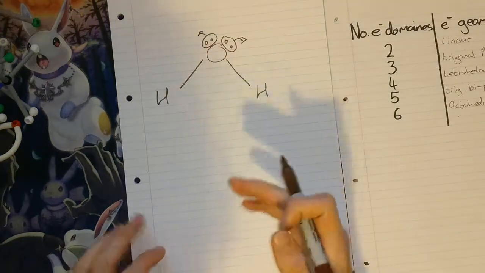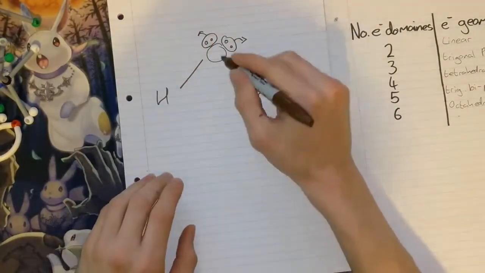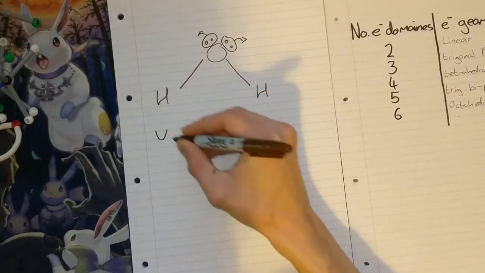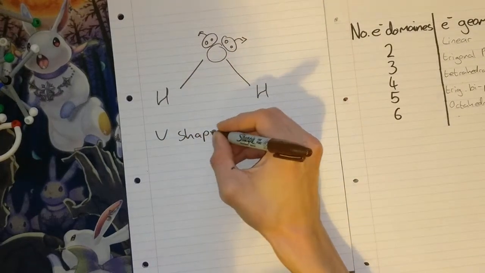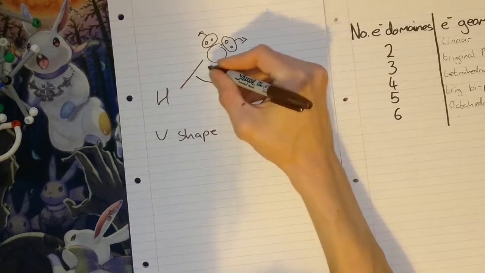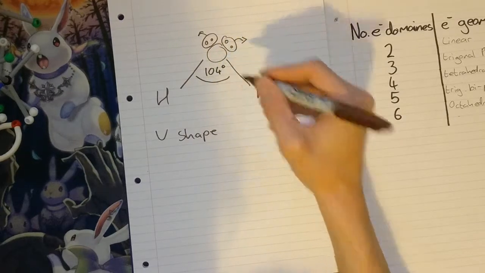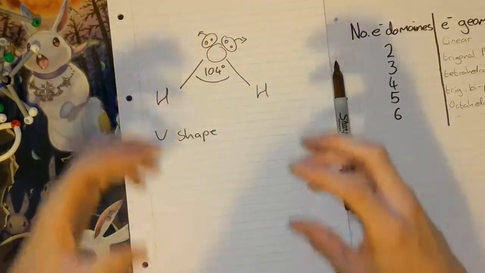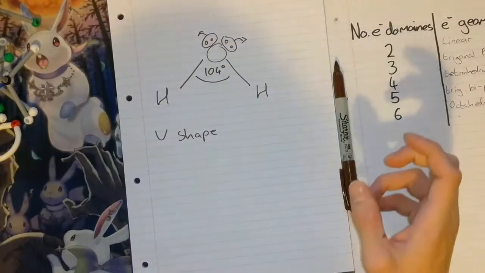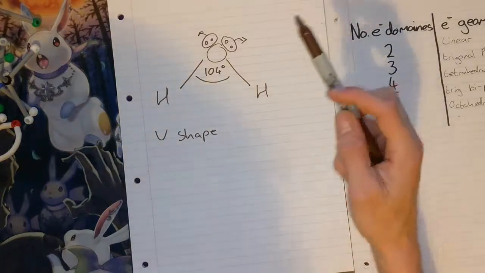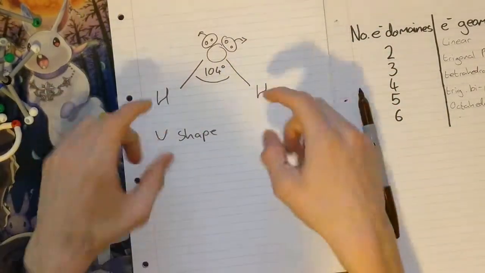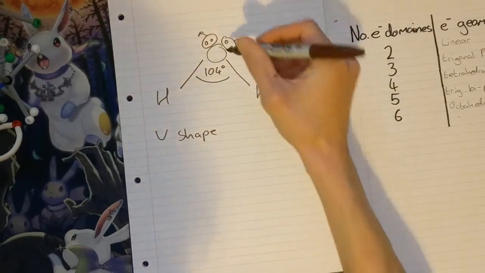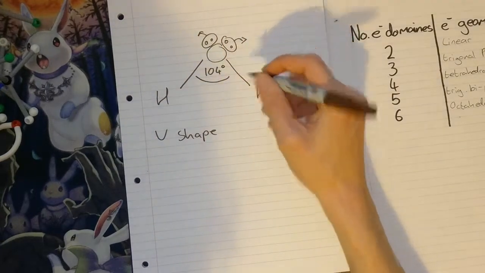However, the shape of things we can actually see, not the electrons, will be called V-shape. And that will have a bond angle of 104 degrees. And this is because you'll have the 2 lone pairs repulsing even more, and thus squishing the bonds together.